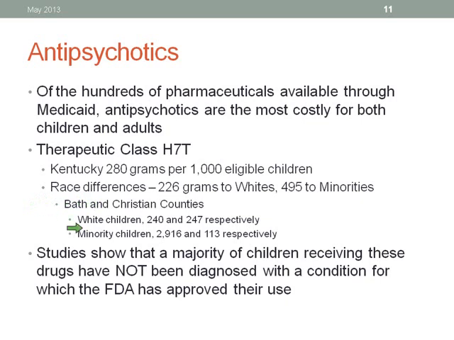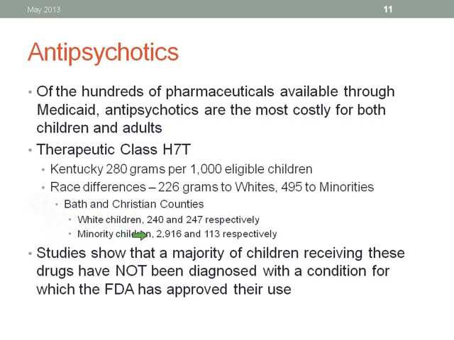Now let's look at the differences here. Between white children, between Bath and Christian County, it's 240 and 247 grams respectively. Okay? And essentially no difference between Bath and Christian County for white kids. What about minority children?